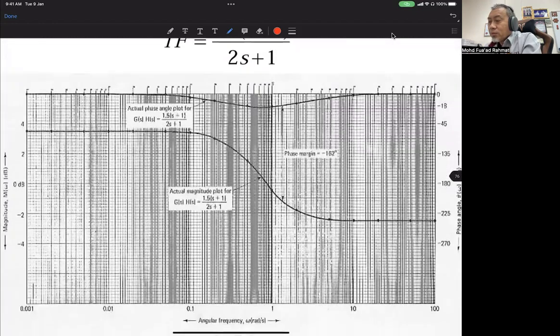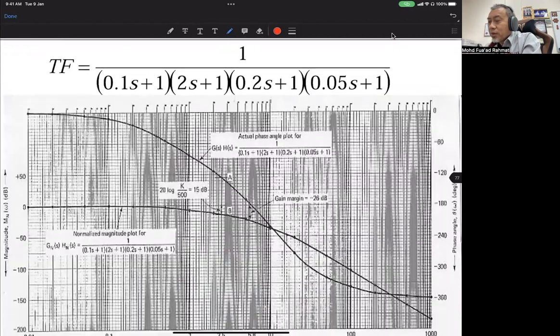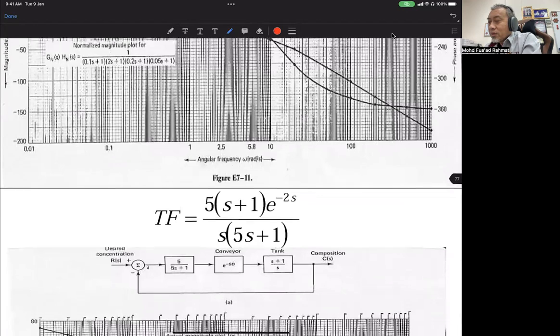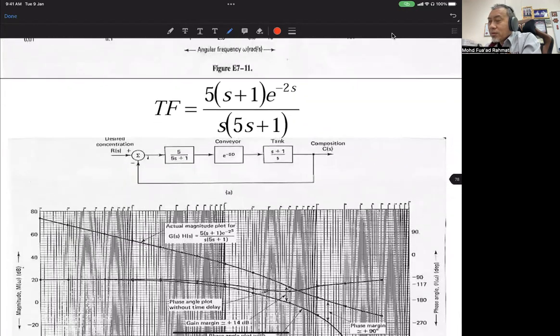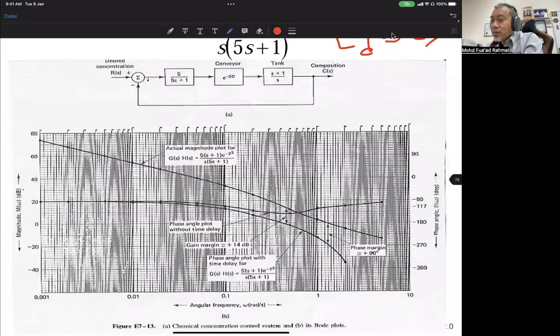For you to explore, four pole values added together, and the transfer function with time delay e to the minus 2s, which is a time delay of 2 seconds, can be plotted on the Bode diagram.